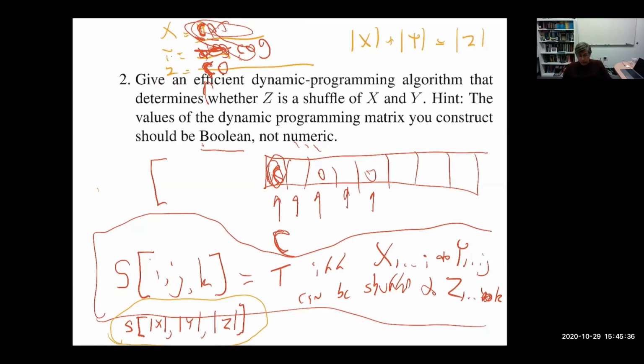If I could answer this for all the prefixes, this would give me my desired solution. Okay, how many people are with me here? If I could do this, this would answer my problem. Okay.